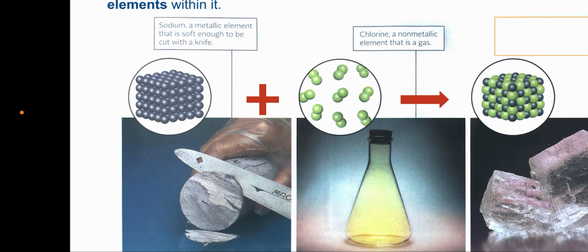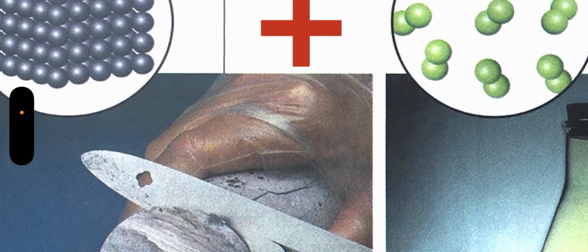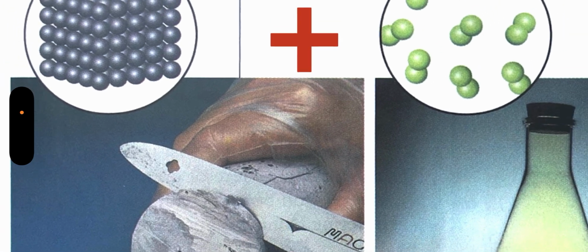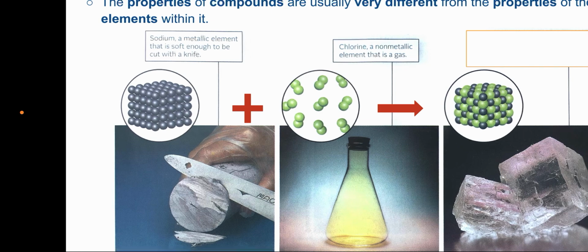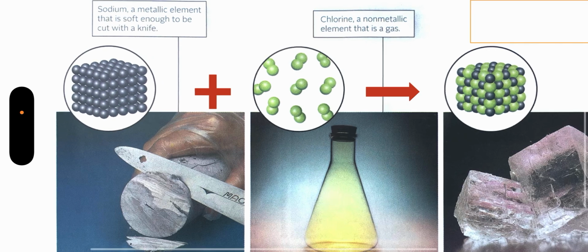And if you know anything chemically about these elements, you might know that sodium reacts very violently with water, which is why whoever's holding this has a glove on, because they don't want any moisture from their hand to interact with that sodium metal. And if you know anything about chlorine gas, you know that it also has harmful effects.